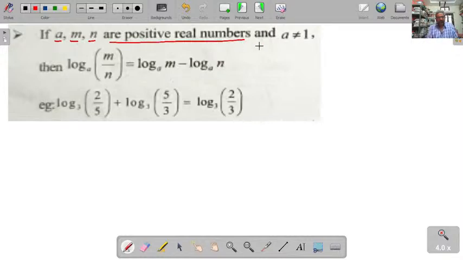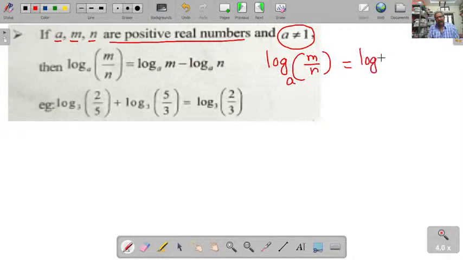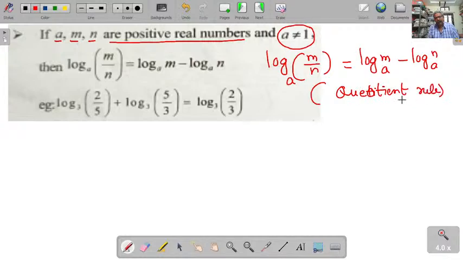So here a does not equal 1, and logarithm of m by n to the base a is equal to logarithm of m to the base a minus logarithm of n to the base a. This is called quotient rule, or division rule also we can say that.